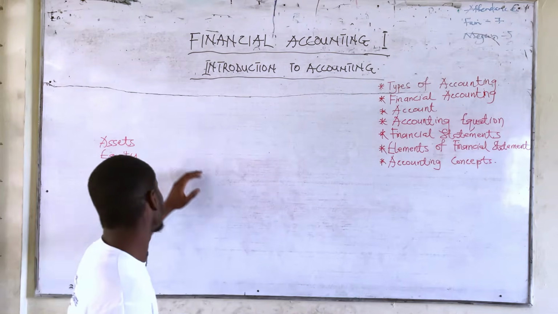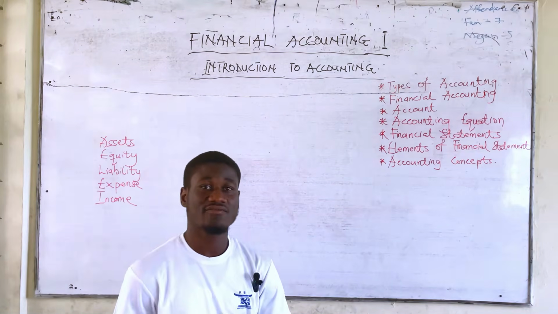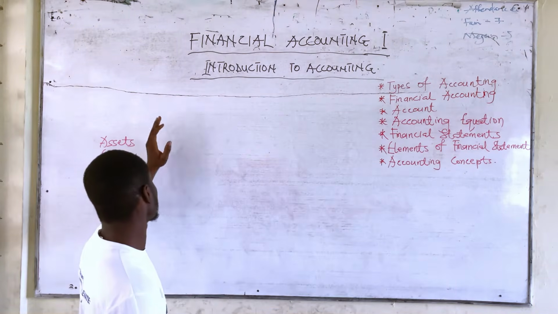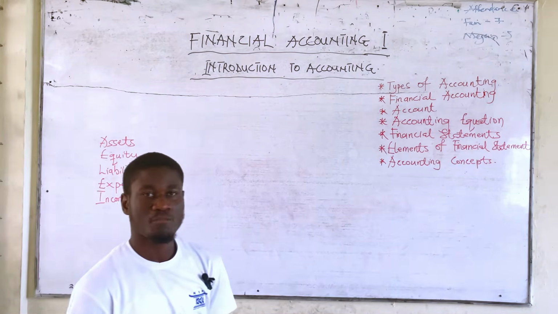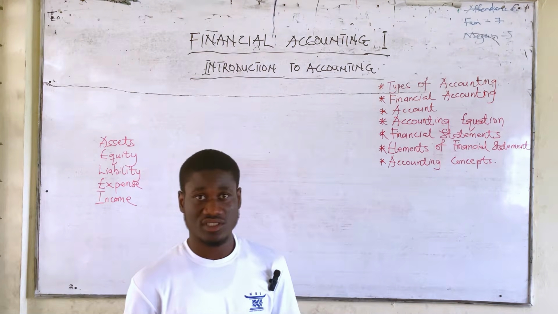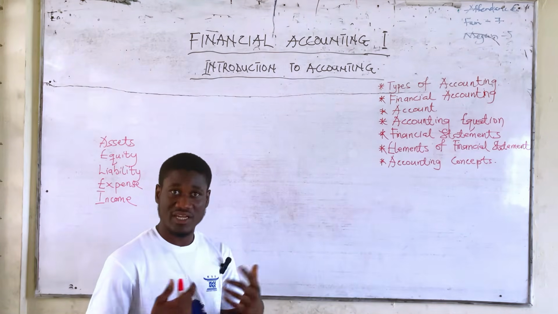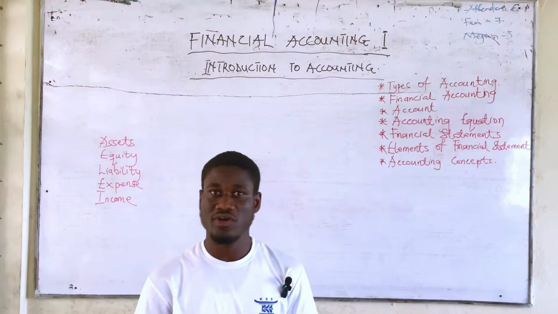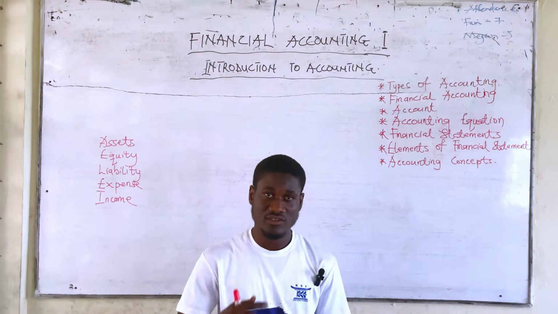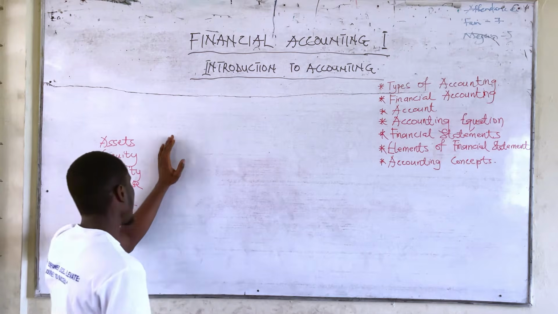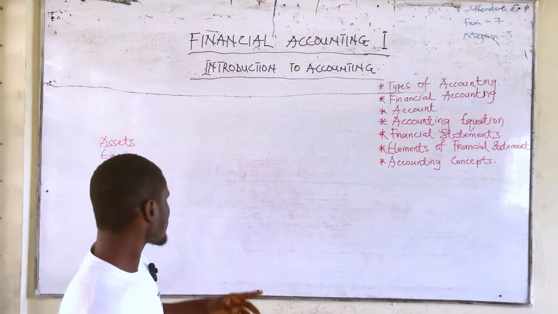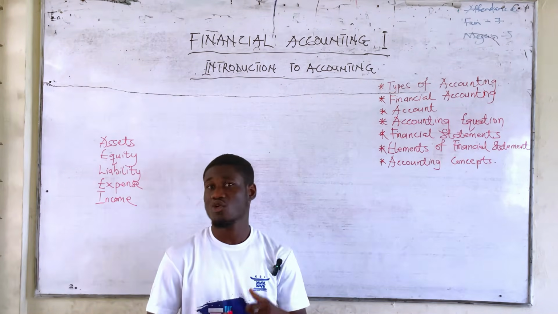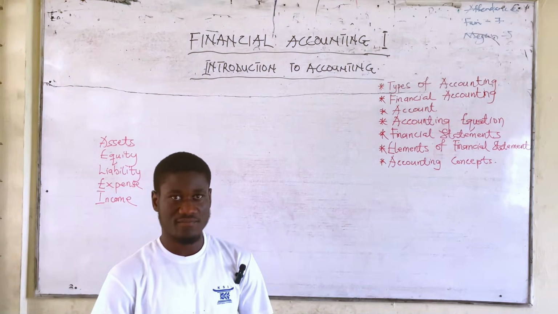Simple as that. Good. So under the assets, we have non-current assets and we have current assets. The non-current assets are resources that provide us with benefits beyond a year. So we benefit from it for more than a year. Good. And the current assets are resources that provide us with economic benefits within a year.